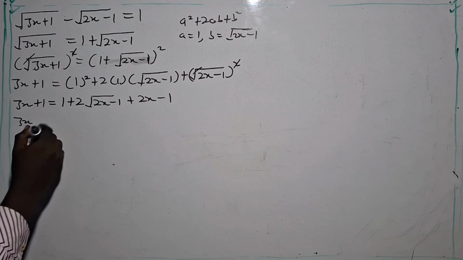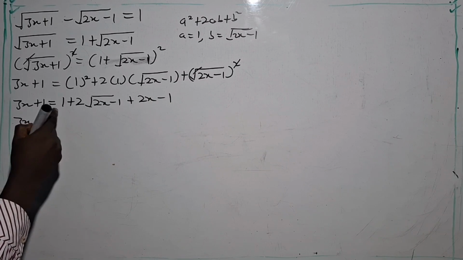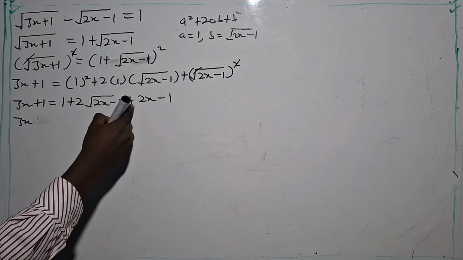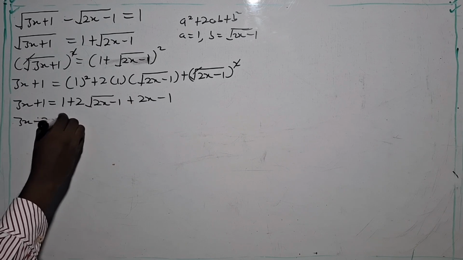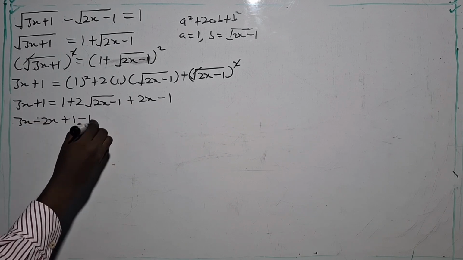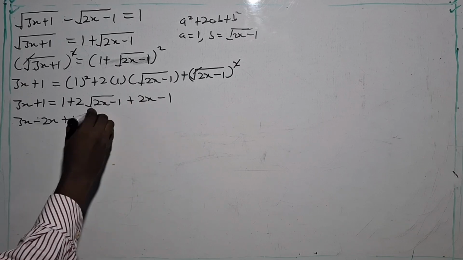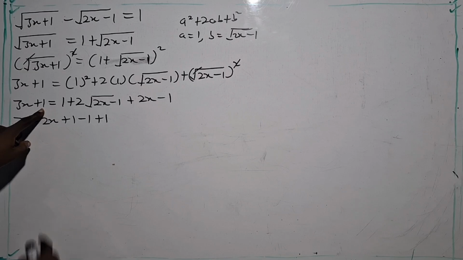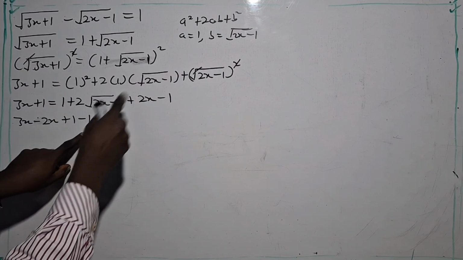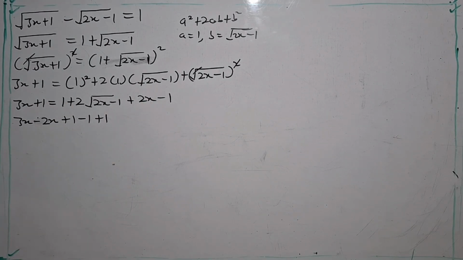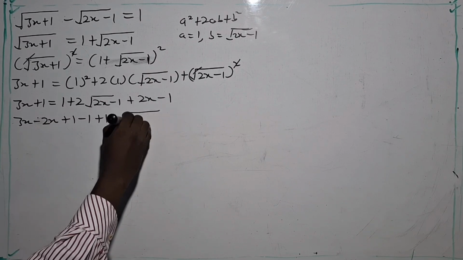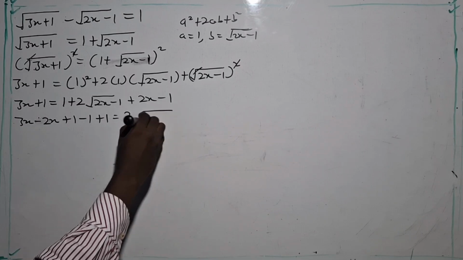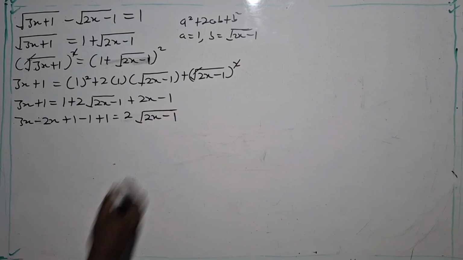3x minus 2x, plus 1 minus 1, which will be equal to 2 times the square root of 2x − 1.